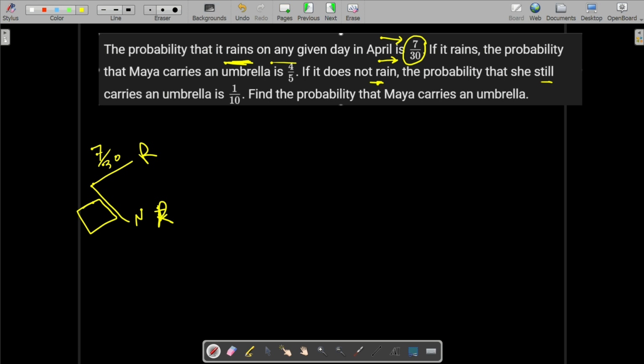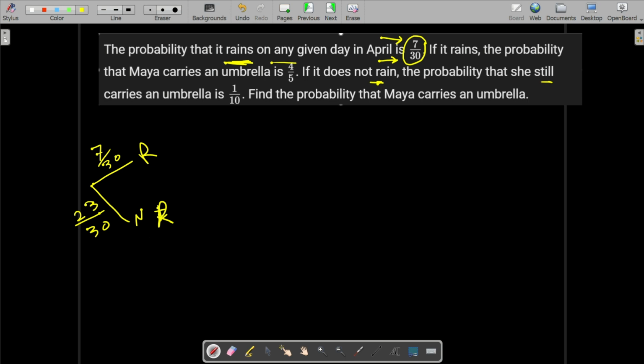Okay, I will assume that you paused the video and thought about it. I told you in the previous video that this number here and that number here must add up to 1 because they are something and its opposite. To do that, 1 minus 7 over 30 is going to be 23 over 30. So this is the probability of not raining.